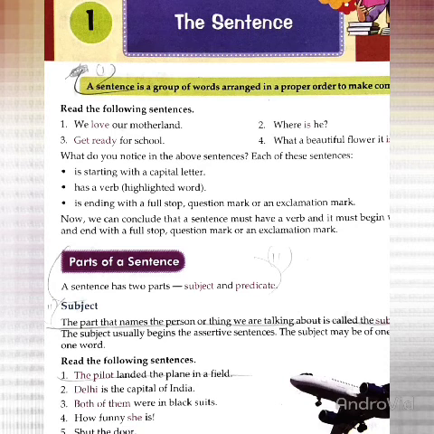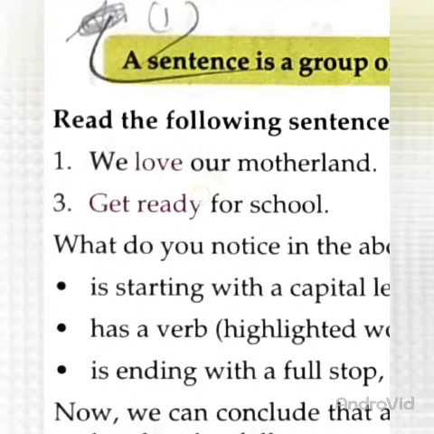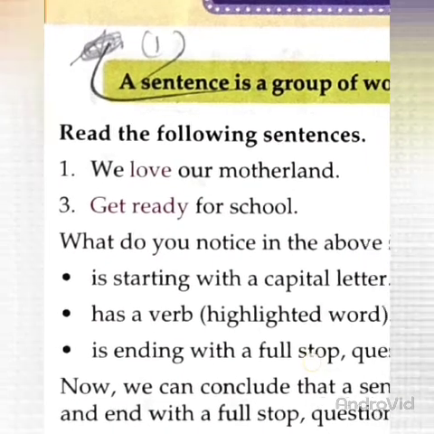Now we can conclude that a sentence must have a verb and it must begin with a capital letter and end with a full stop, question mark or an exclamation mark.